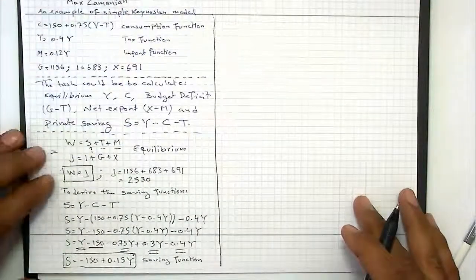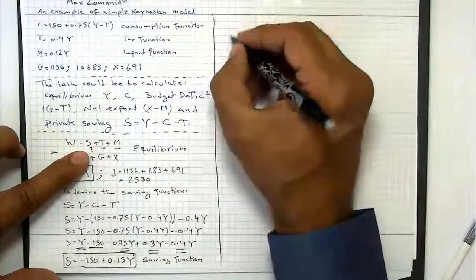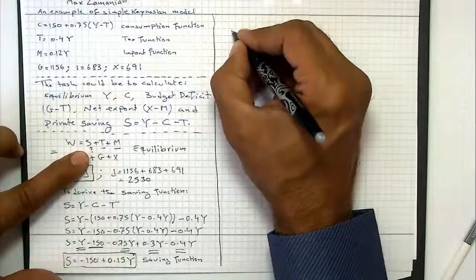So let us put all items for the withdrawals on the left hand side.